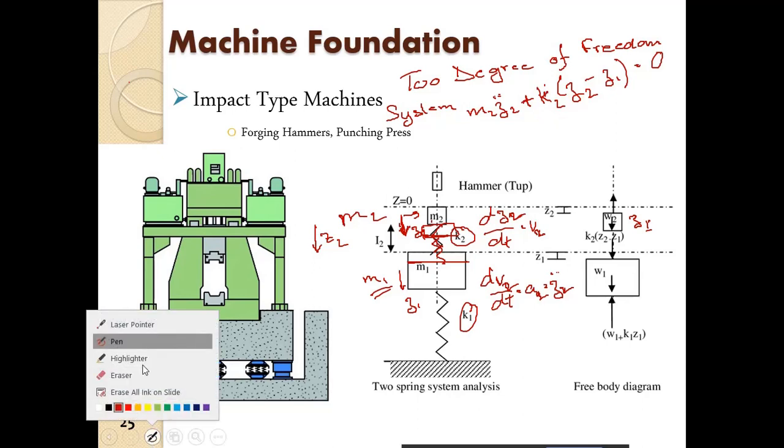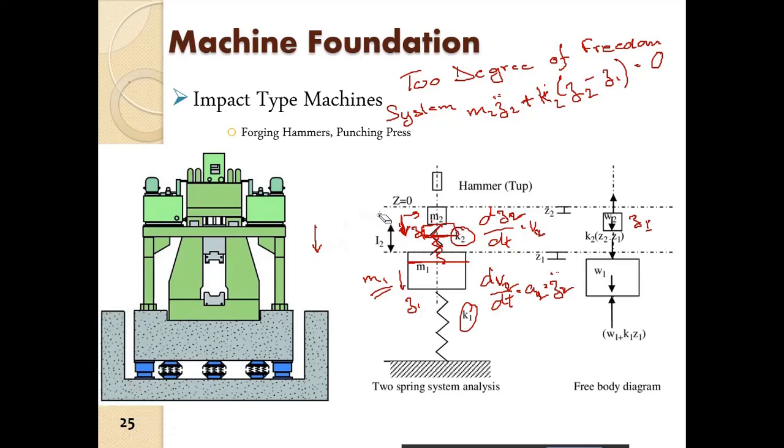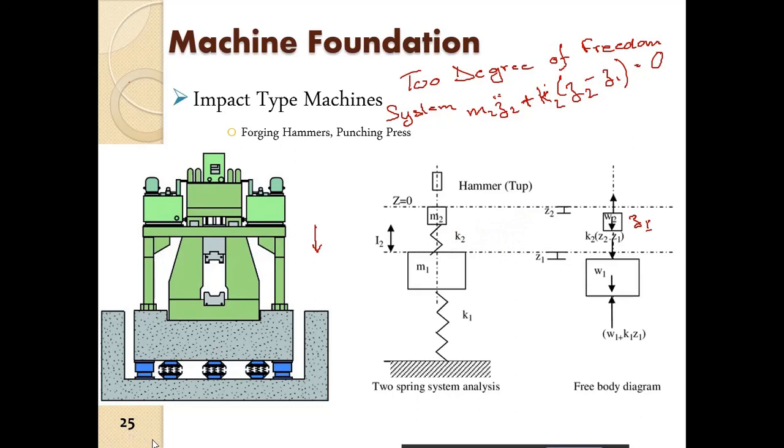So here if you note, if the mass moves down, if now the mass is at this position, it has moved down from here to here, which is z2, and similarly this end of the mass, this mass also has moved down, which is z1.